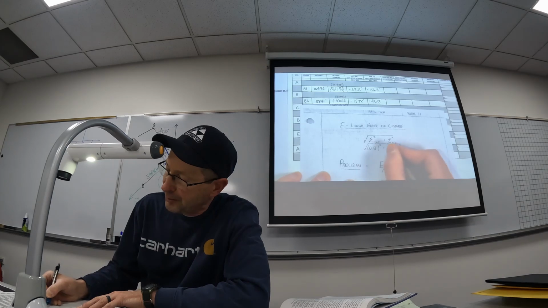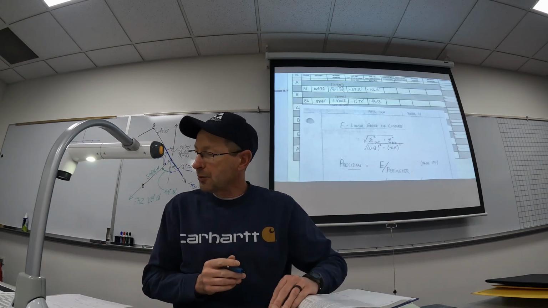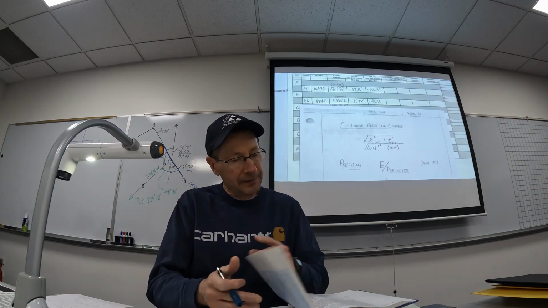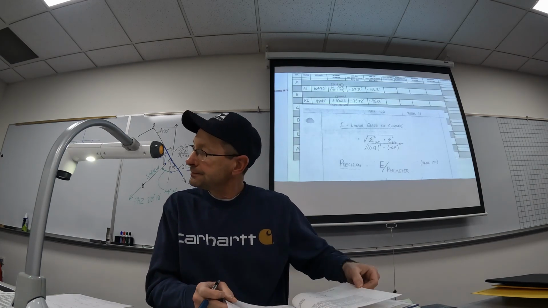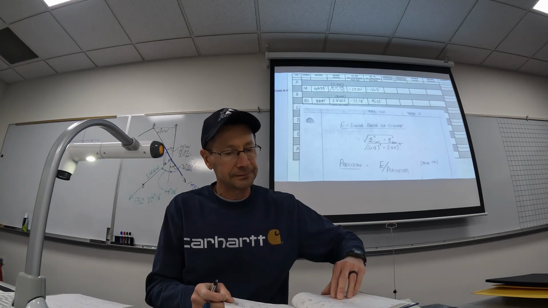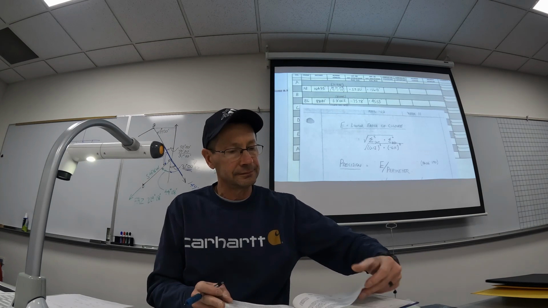Does that kind of look like Pythagorean's theorem, maybe? Kind of. That's kind of what that is. It's just taking a triangle. Tell me what you get when you solve for that. 0.17.